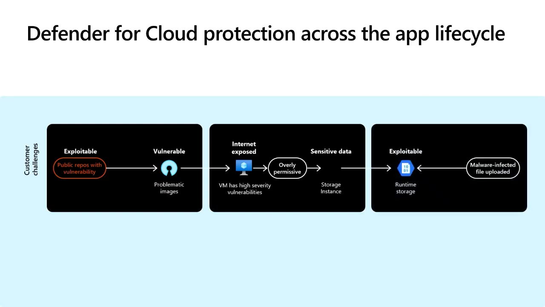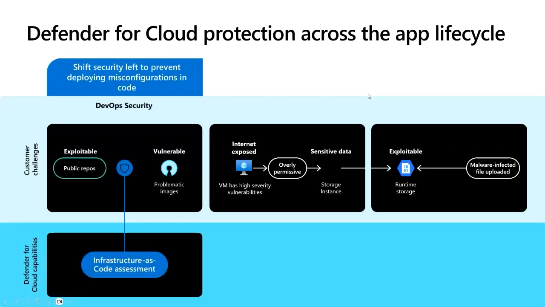permissions to access sensitive data from a storage instance that interacts with a runtime storage environment where files can be uploaded. Here we see every stage from an exploitable repository to runtime contains risk factors that can be exploited by bad actors.